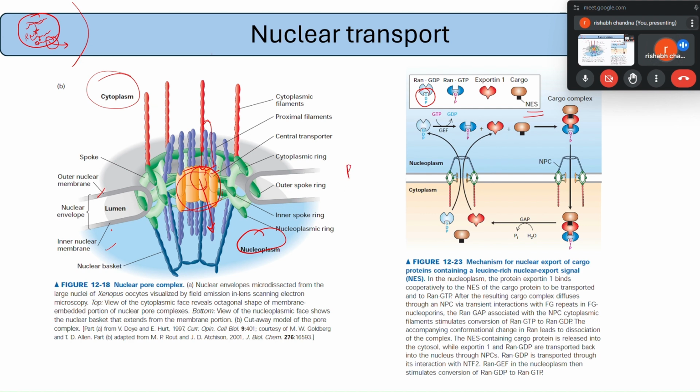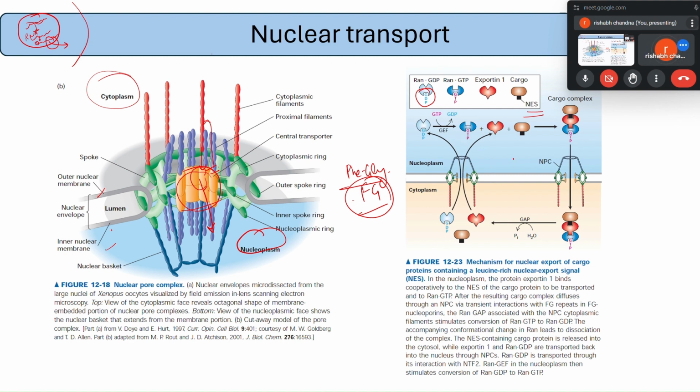FG means phenylalanine and glycine repeats in the nuclear pore complex. Any protein that needs to be exported out of the nucleus needs to interact with those FG repeats. These FG repeats interact among themselves, and only then is it transported outside the nucleus.